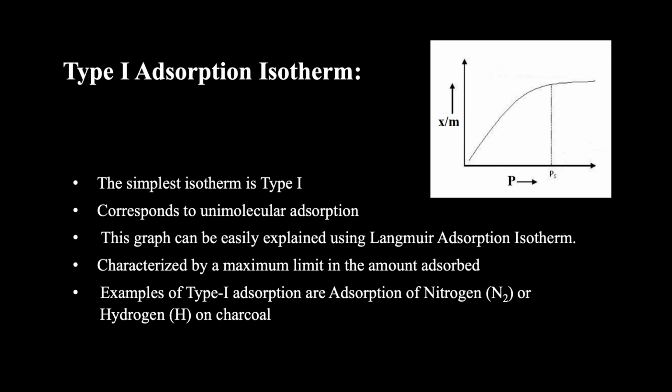And this graph can be easily explained using Langmuir adsorption isotherm. It is characterized by a maximal limit in the amount adsorbed. Examples of type 1 adsorption are adsorption of nitrogen or hydrogen on charcoal.